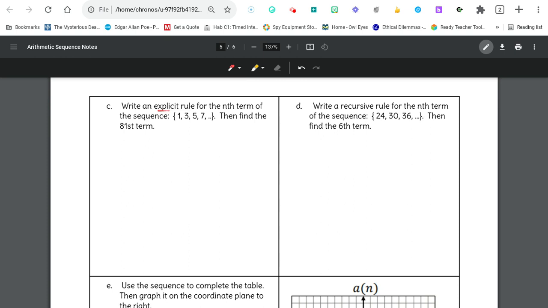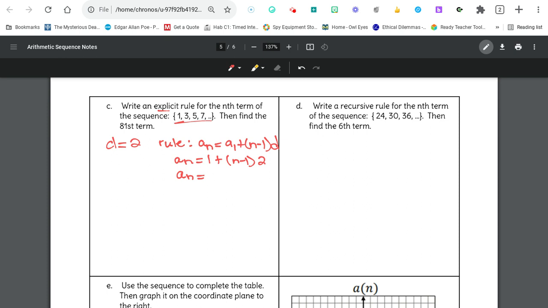C says write an explicit rule for this. I see that the common difference is 2. Then you're going to find the 81st term. So the rule is a sub n equals a sub 1 plus n minus 1 times d. So we end up with a sub 1 being replaced with 1, plus n minus 1, and the common difference is 2.